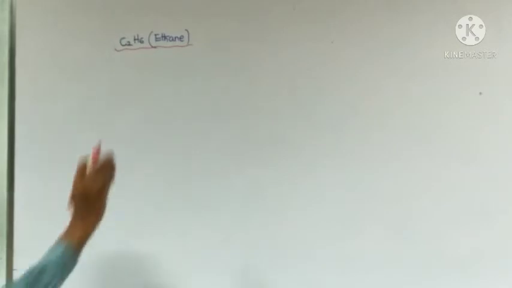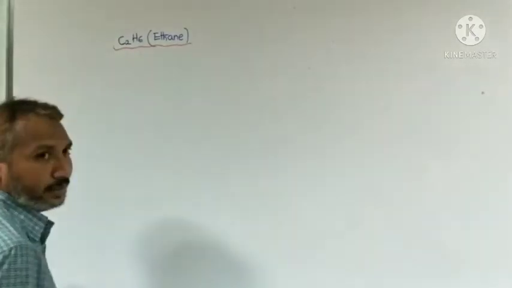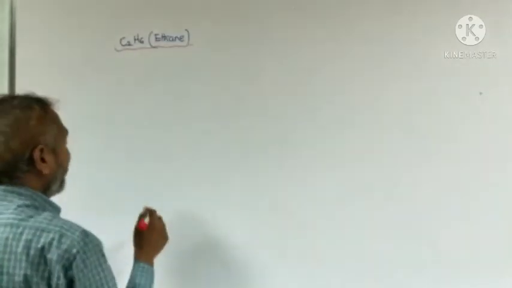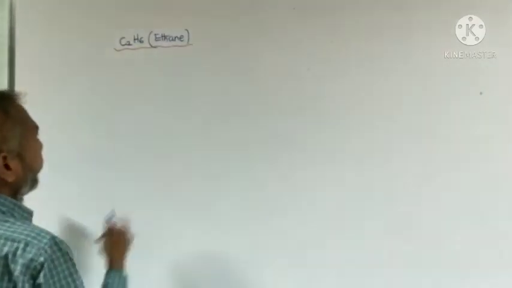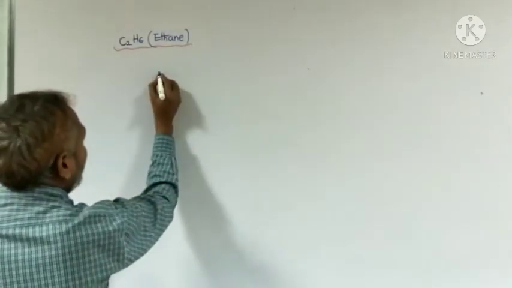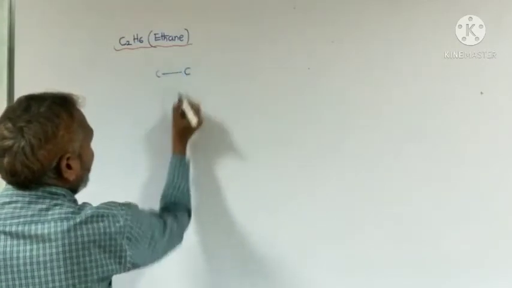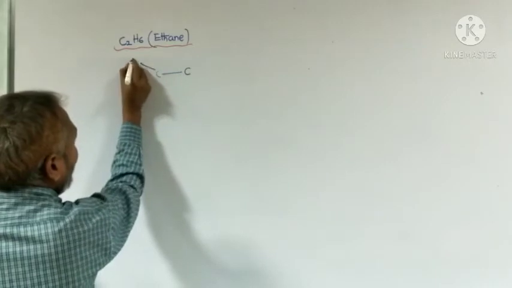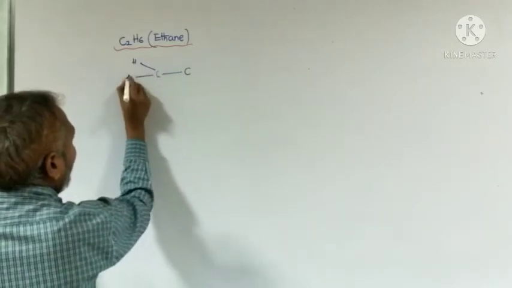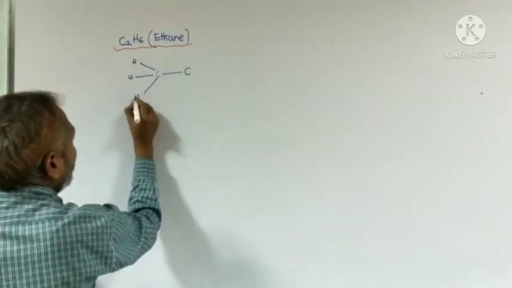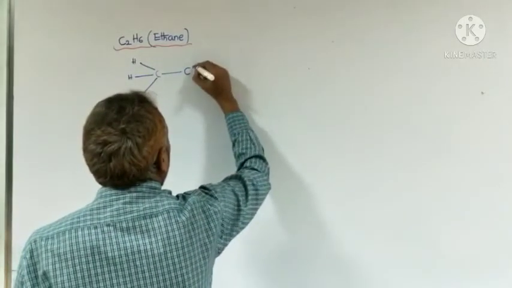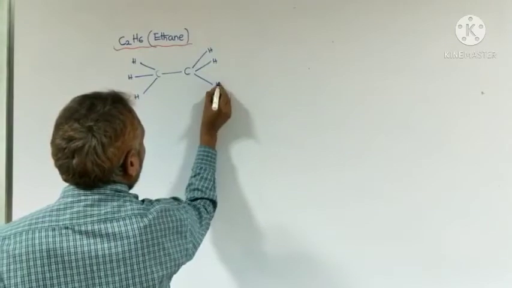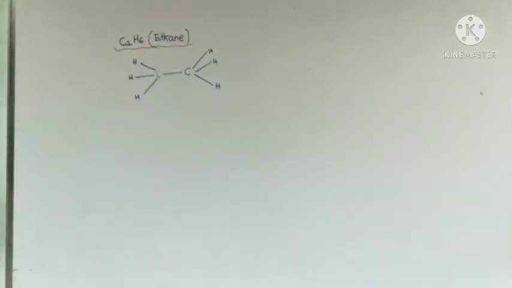So now, ethane. It belongs to the alkanes. Write down the Lewis structure. How many carbons are there? 2 carbons. Each carbon has 3 hydrogens.